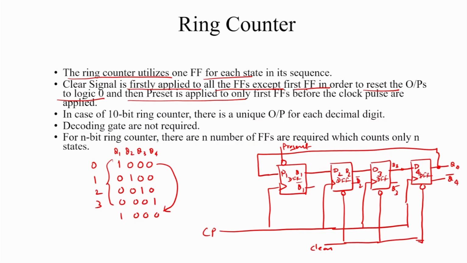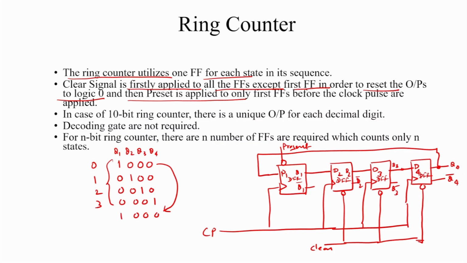So in this way, this is all about a ring counter: how we design a ring counter, what is the meaning of a ring counter, how a ring counter differs from a Johnson counter, what is the meaning of a Johnson counter, how many states of special sequence are counted by a Johnson counter, how we find the values of these states, and what are the meanings of preset and clear input.